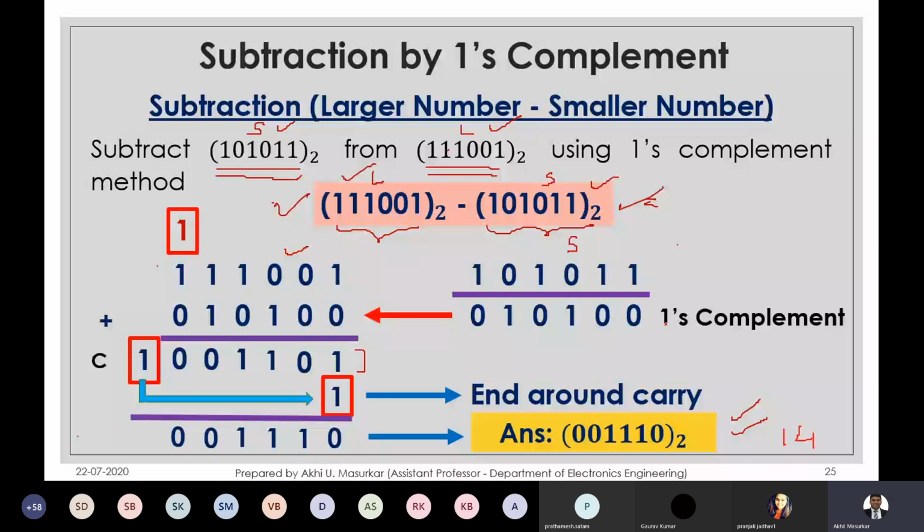The first number is 9 plus this would be 16 plus 32. So just tell me what is this? I think this is 57. That is right.